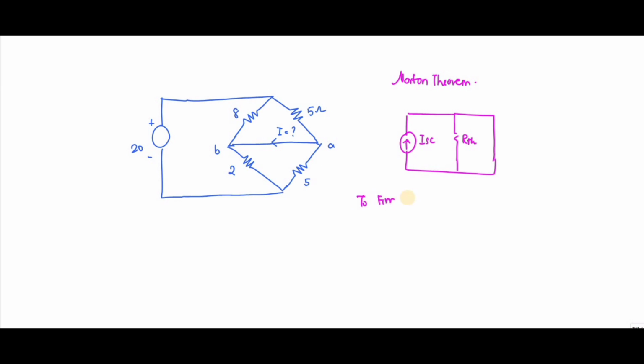So it is not necessary to find RTH because the entire current ISC will flow through the straight line, right? So it is no use in finding the RTH, but it will be useful for the rest of the problems asked in the similar manner. So instead of a straight line, if I have any resistor, it will be useful.